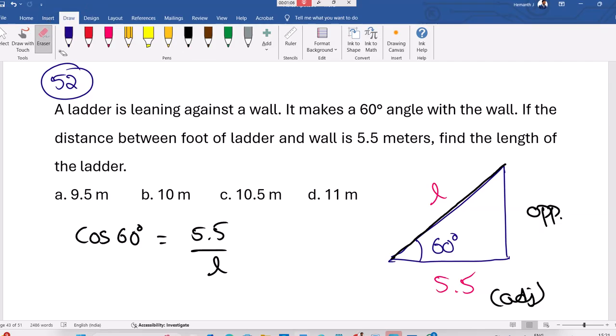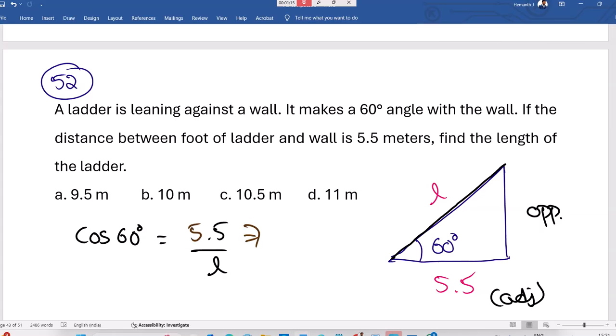Okay, so you have to calculate the L value now. Cos 60 degrees is how much? 1 by 2. L will be equal to 11, double of that. L will be equal to 11. Check. Now see the next question.